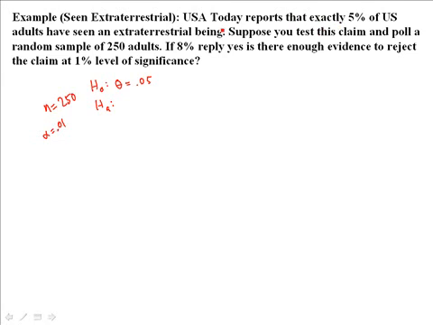USA Today says it's exactly 5%. That claim could be false if it's either bigger than 5% or smaller than 5%. So I'm going to make the alternative just different from 0.05, in either direction. If it's too big, we'll find against the null hypothesis, or if it's too small, we'll find against the null hypothesis as well.